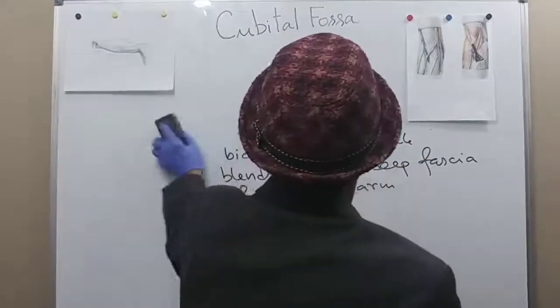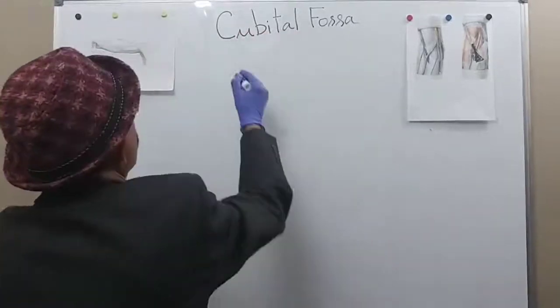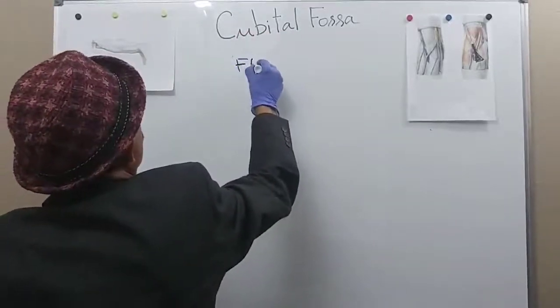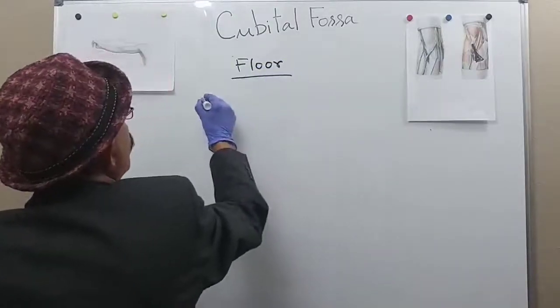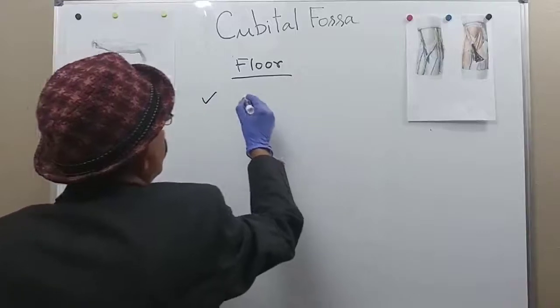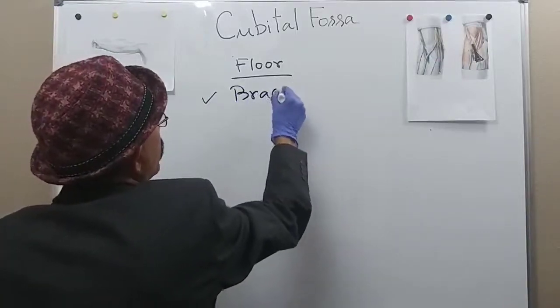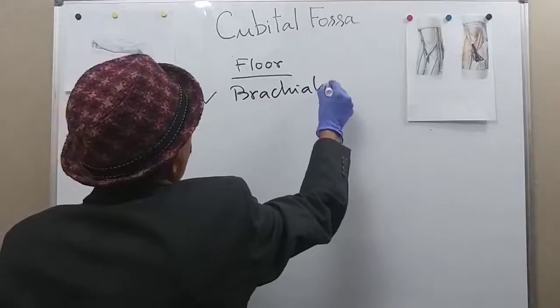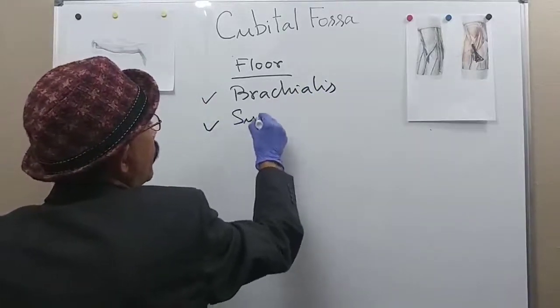Now we go to the floor of the cubital fossa. The floor is formed by two muscles. One is the brachialis muscle, another one is the supinator muscle.